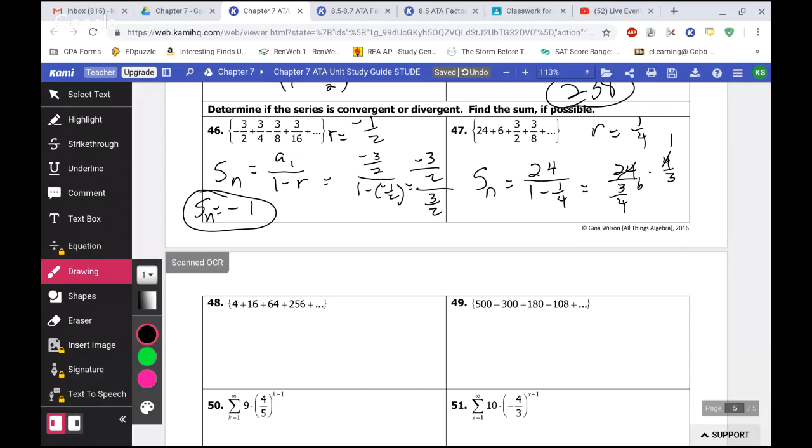I didn't do that right. There we go. Miss Sparks, you got it now. So it's 32. Okay. You probably did it quicker in your calculator.